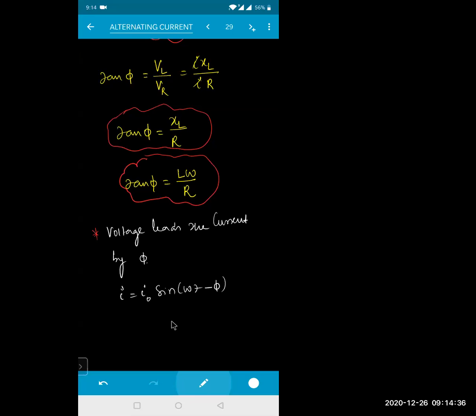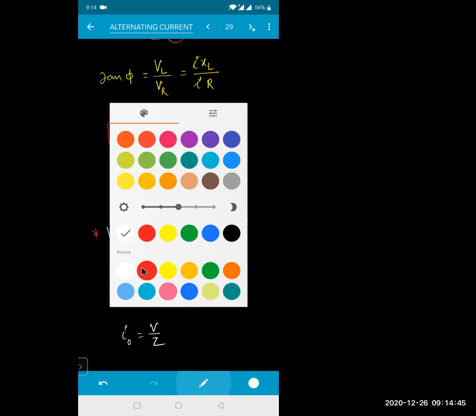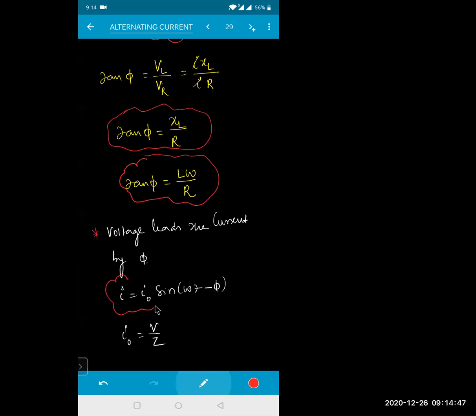So current will be I equal to I naught sine omega t minus phi, where I naught is equal to V by Z. So voltage leads the current by phi. Is it clear?